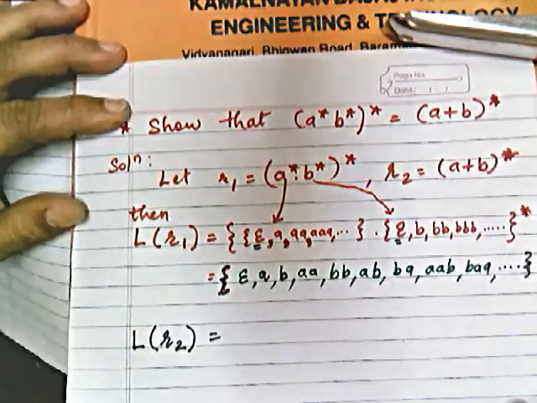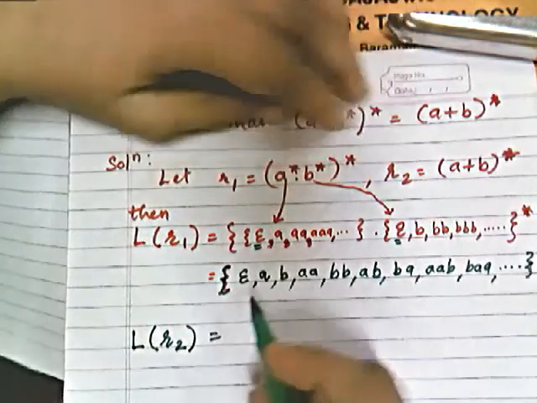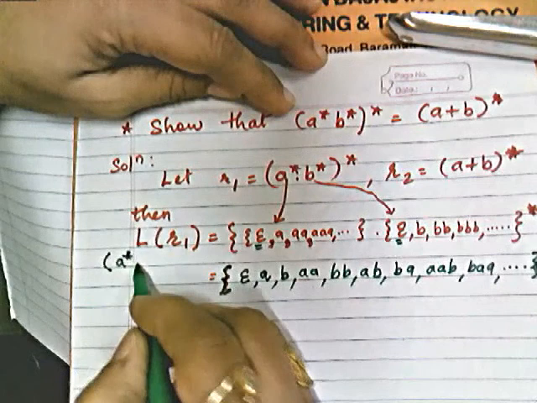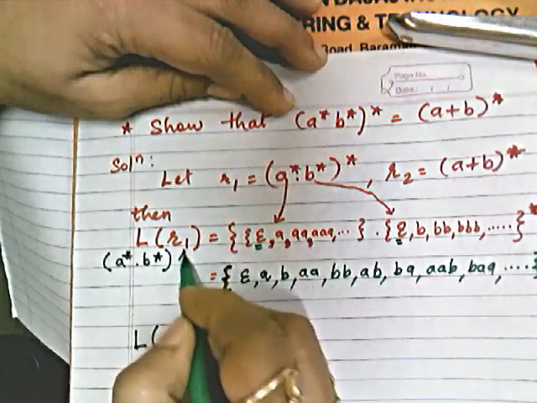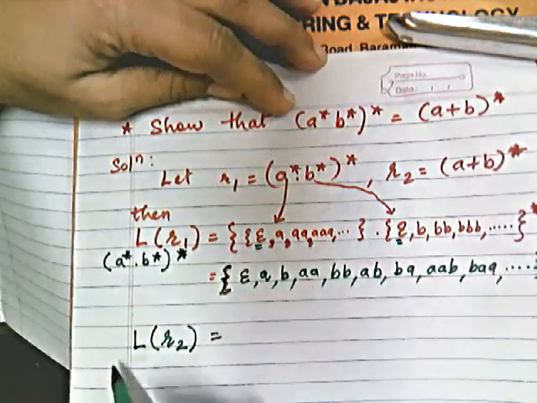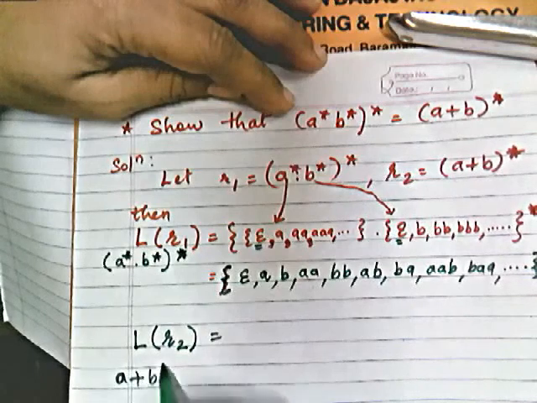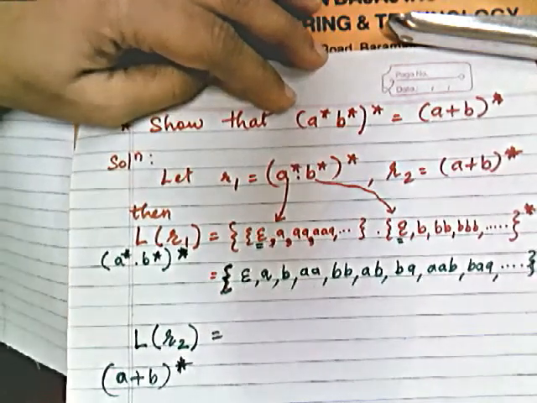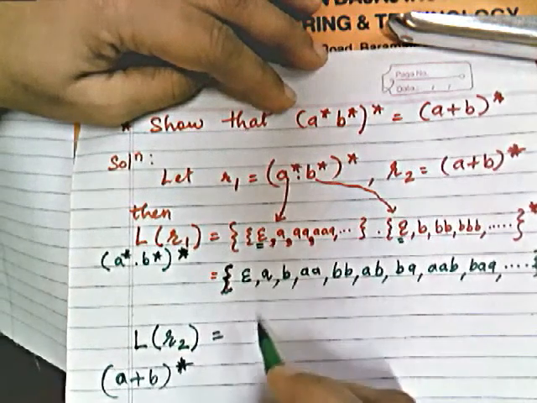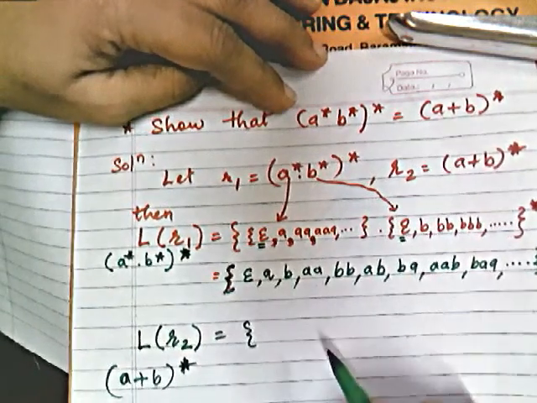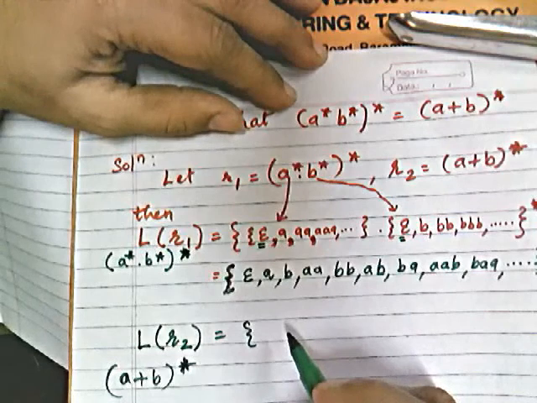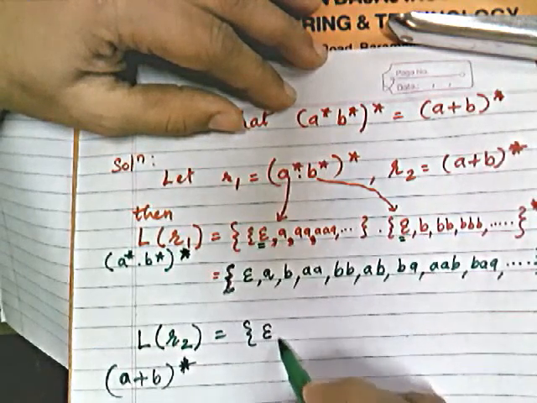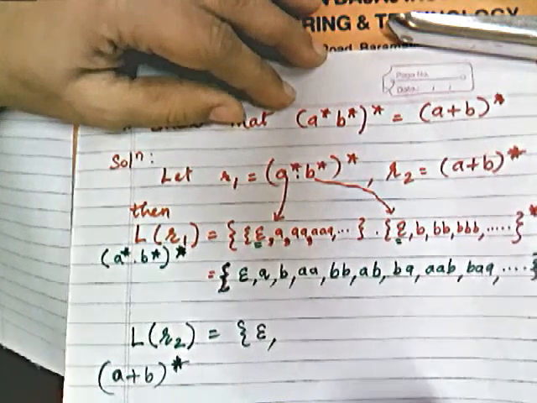Now next, we want to represent the language which is represented by R2, this one. Here it was (a* . b*)*, right? Now here it is (a + b)*. What does this mean? We have already seen (a + b)* earlier. Since the star is there, we need to keep the empty string as the first string.